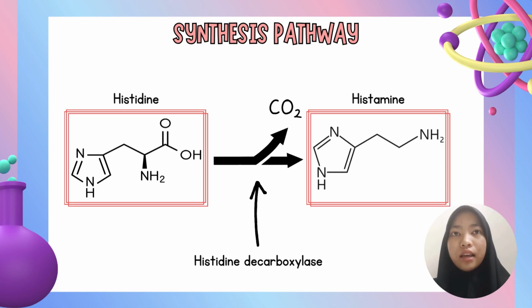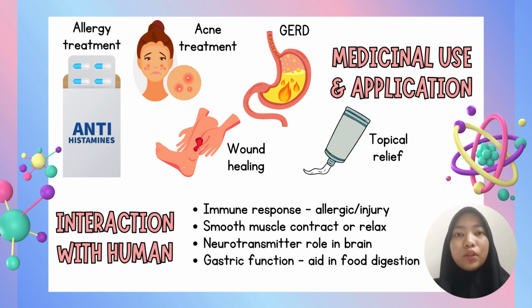Once synthesized and released, histamine is metabolized by two main pathways, which are histamine N-methyltransferase (HNMT) and diamine oxidase (DAO). Furthermore, there are a few medicinal uses and applications of histamine in our daily life. The most common medication is an antihistamine that can manage histamine levels and relieve symptoms of allergies, common cold, flu, and other breathing illness. Antihistamines like desloratadine can complement standard treatment of acne due to their anti-inflammatory properties.